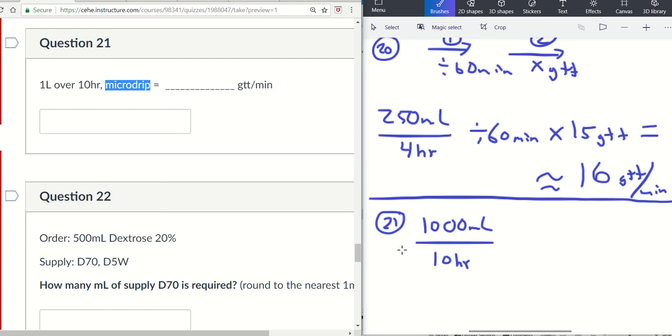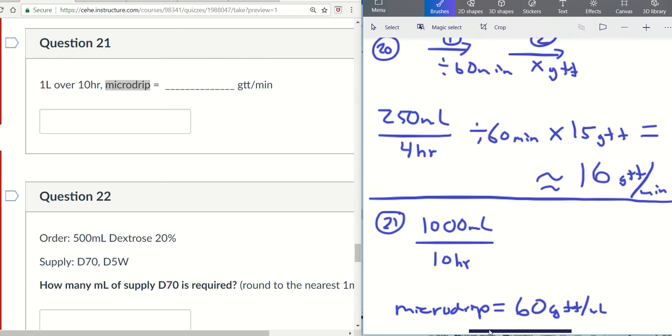How many drops per mL for micro drip? 60 drops per mL. Don't get this confused with eye and ear drops. For eye and ear drops, you're allowed 20 drops per mL. Micro drip is not the same as micro. They use it differently. They just mean this as small. It's not a prefix as in microgram.